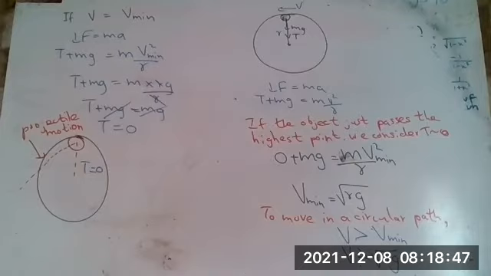When an object is moving in a vertical circle, from point to point, the velocity or the speed will change.